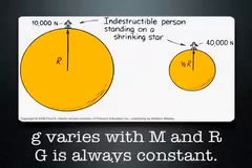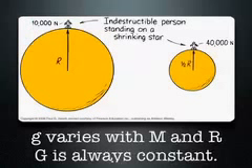So a 10,000 Newton astronaut standing on a planet of radius r has a particular gravitational acceleration or particular weight, mg. If for some reason this planet shrunk to half its size, half the radius, well, capital G is always constant, it does not change, but lowercase g, the gravitational acceleration, is increased.